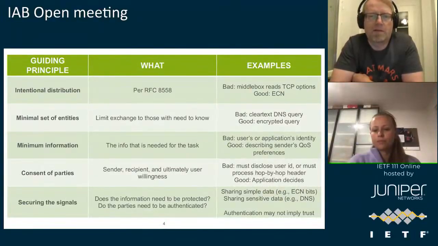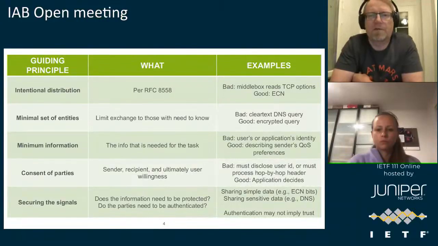A better way of doing that would be to encrypt the queries so that you only target the particular entity that you want to perform a task. And I know I'm maybe stretching the definition of path signals a little bit in this particular case. Should DNS queries be included in that? Maybe, maybe not.